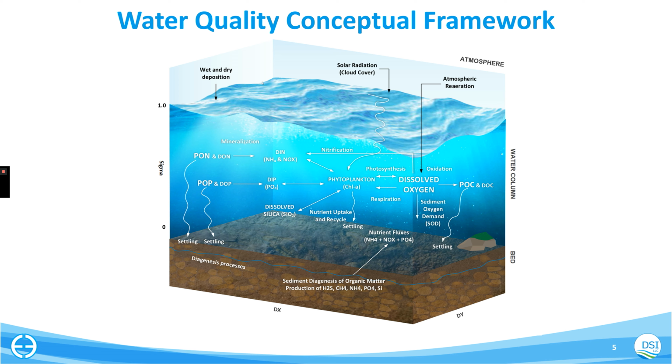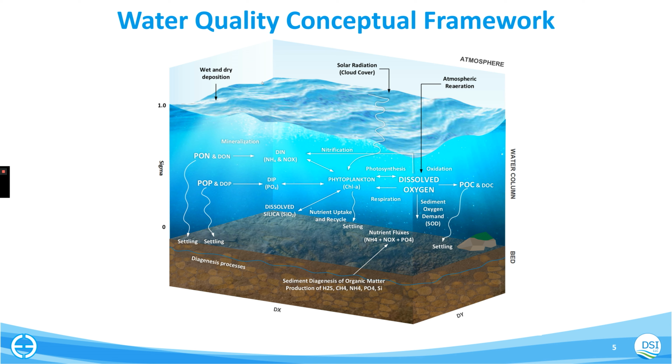So you've got all these processes. These are the kinetic processes that are going on inside a single cell. But of course, you also have advection and diffusion processes, sources and sinks, which we'll look at in a little bit in the theory.